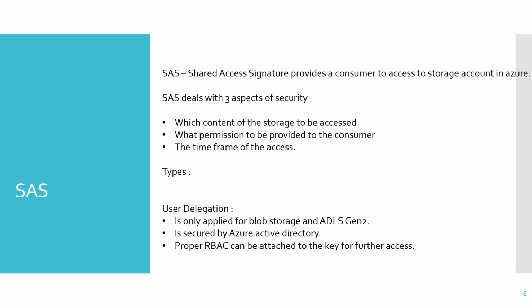Now, SAS deals with three aspects primarily, and what are those? Those are which content of the storage is to be accessed, what permission is to be provided to the consumer, and the time frame of the access.